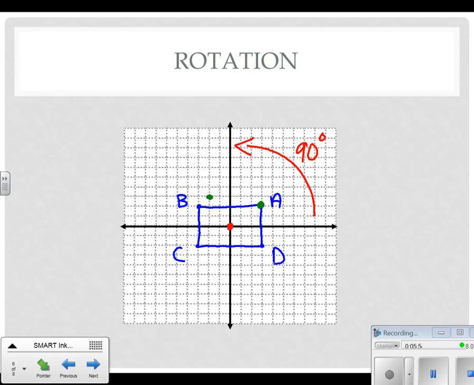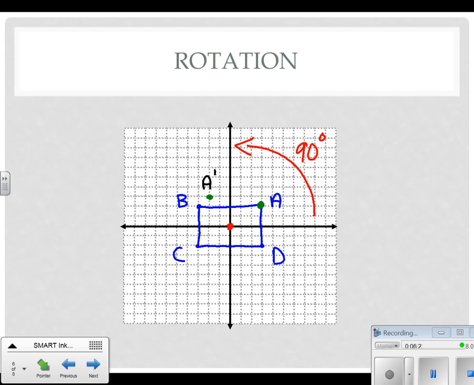It's kind of a little bit confusing, but what you can see here is from the first where A was and now where the A is at A prime, if you were to draw a line going from the origin to the A to the next A, you see a right angle. That means we turned it 90 degrees.